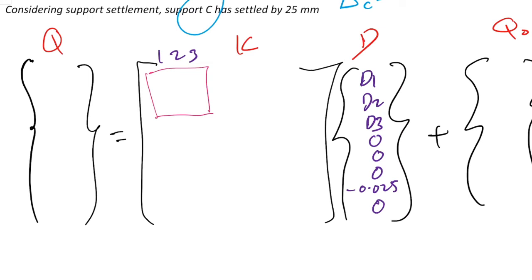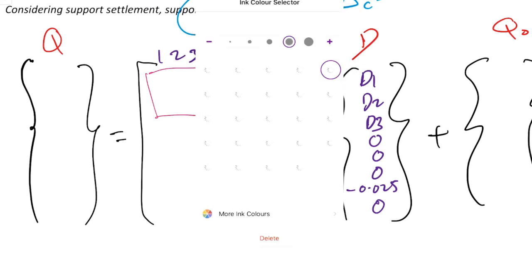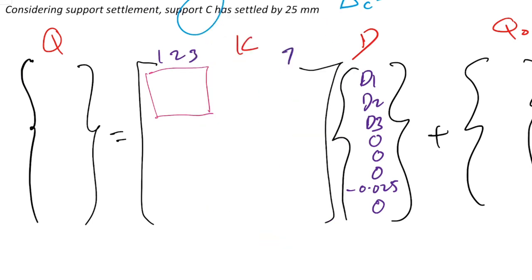It is row times column, right? So we need to focus on positions 1 to 3 as well as position number 7. We need to have the value for position number 7 here.